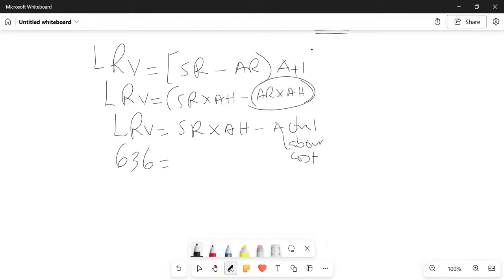Kenya shillings 8 per hour. Do we have actual hours? No, that is what we want. But do we have actual labor cost? Is it given? 63.